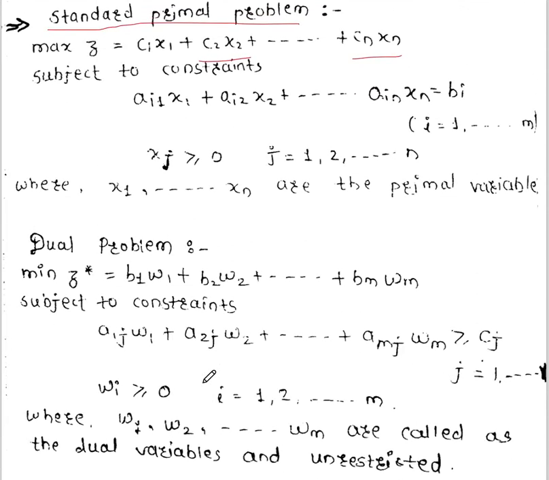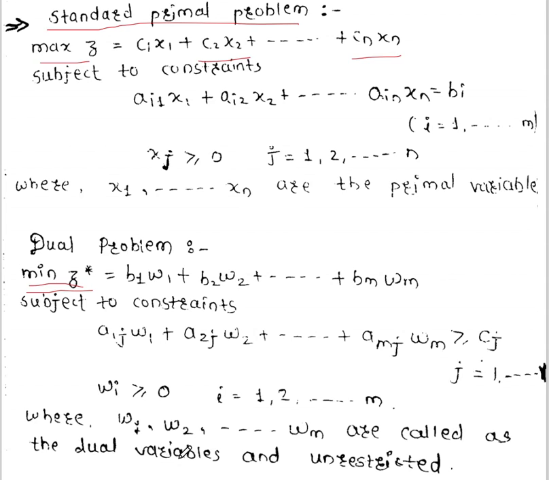Now we will see the dual of this problem. If the problem is maximum, then its dual is minimum z star, which is b1 w1 plus b2 w2 and so on plus bm wm, subject to the constraints a1j w1 plus a2j w2 and so on plus amj wm greater than or equal to cj, j equal to 1 to n, where wi greater than or equal to 0, i equal to 1 to m.